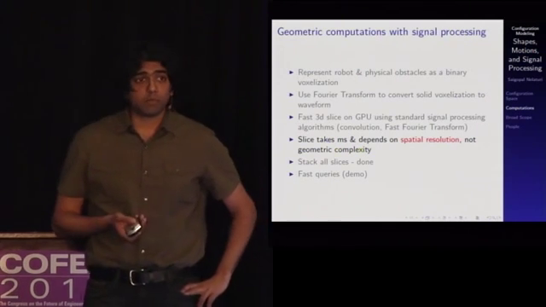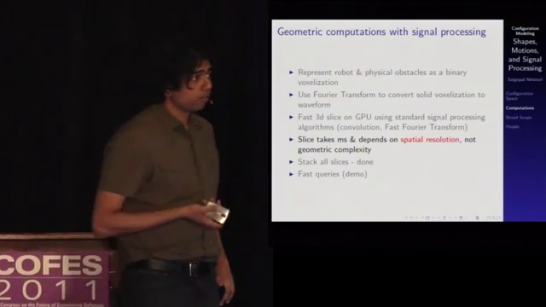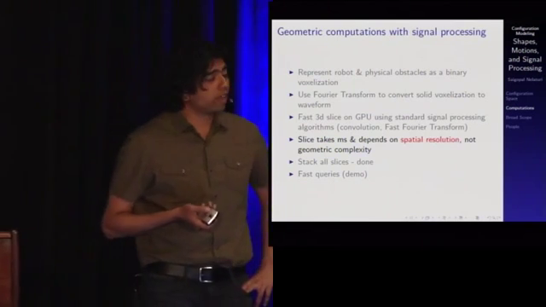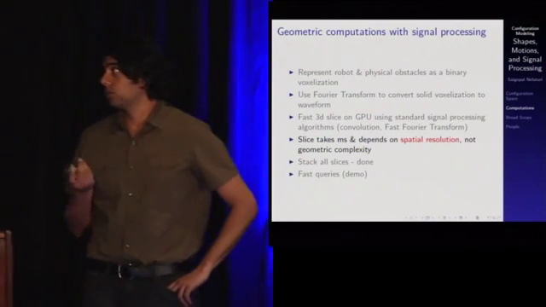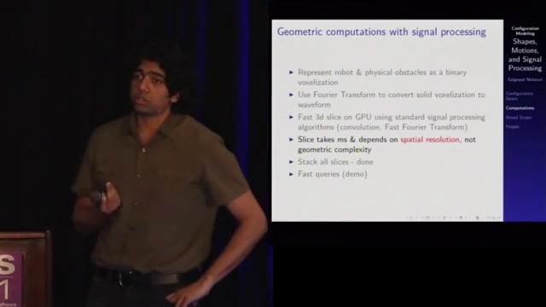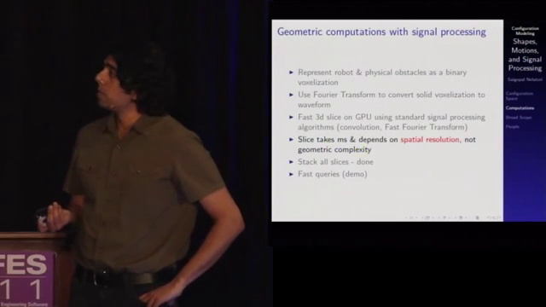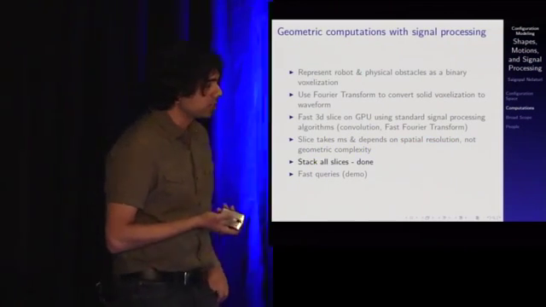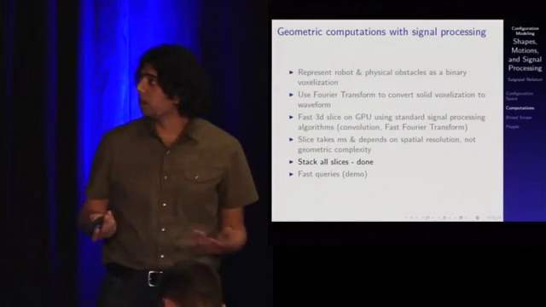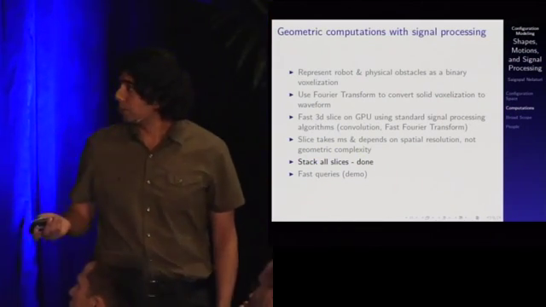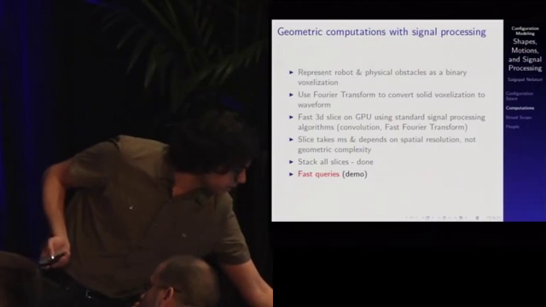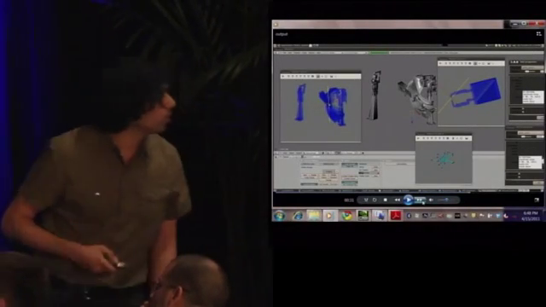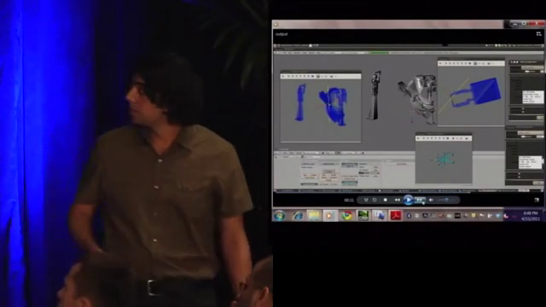Each slice takes milliseconds for convolutions that fit on the card. The time complexity of the whole problem depends on the spatial resolution, not the geometric shapes. Once we compute each of these slices in a matter of milliseconds, we stack all the slices and we're done. Then you can see that we can query the configuration space very quickly to create those maps at each point.